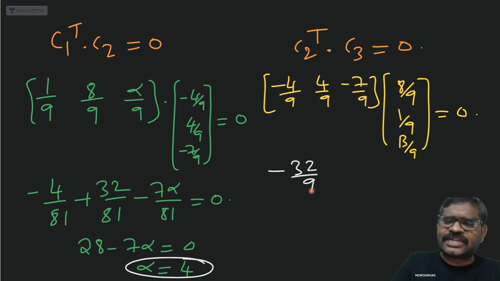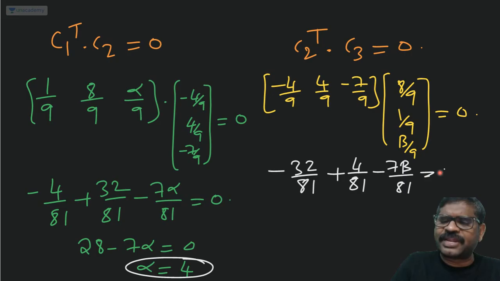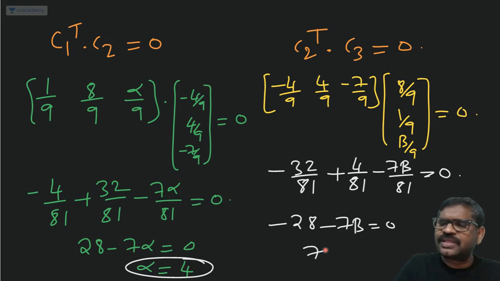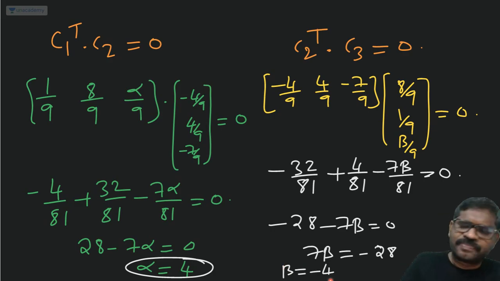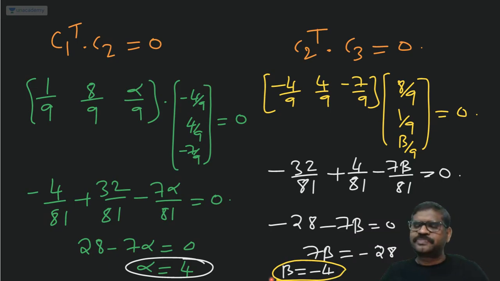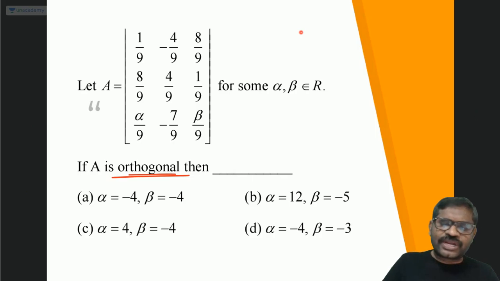Minus 32 by 81 plus 4 by 81 minus 7 beta by 81 equal to 0. Minus 28 minus 7 beta equal to 0. 7 beta equal to minus 28, beta equal to minus 4. Alpha is plus 4 and beta is minus 4. Understood? Therefore, the correct answer is the third option.